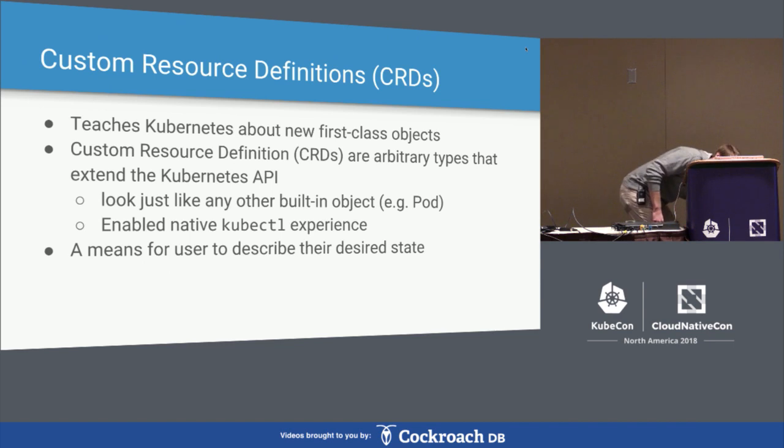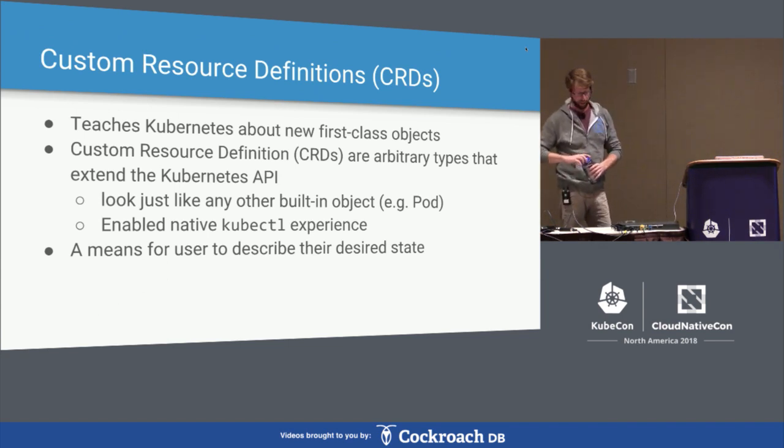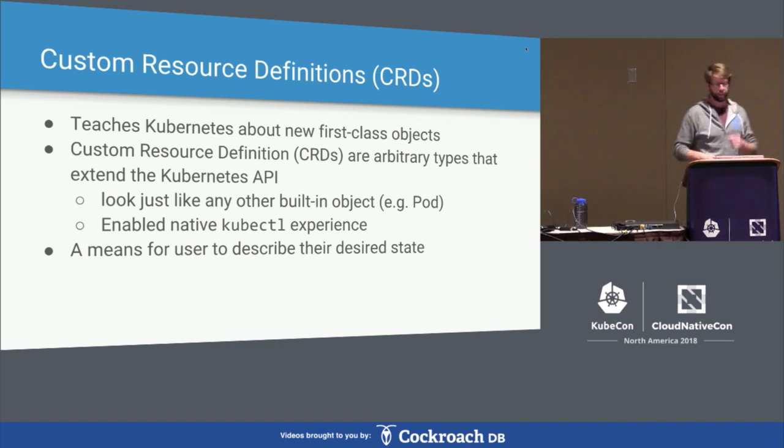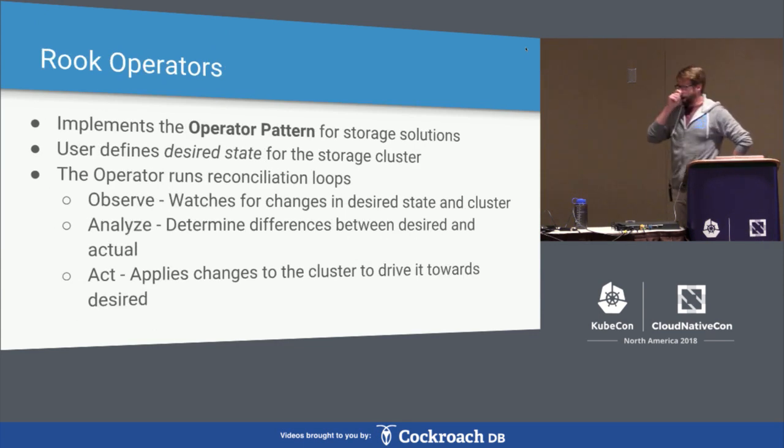You can declare your own custom types, and they become first-class citizens in the Kubernetes experience too. So just like pods and config maps and secrets and such, your arbitrary custom types can start being displayed and used and manipulated within the Kubernetes API and kube control, just like any other of the first-class or built-in objects. And now operators as well.